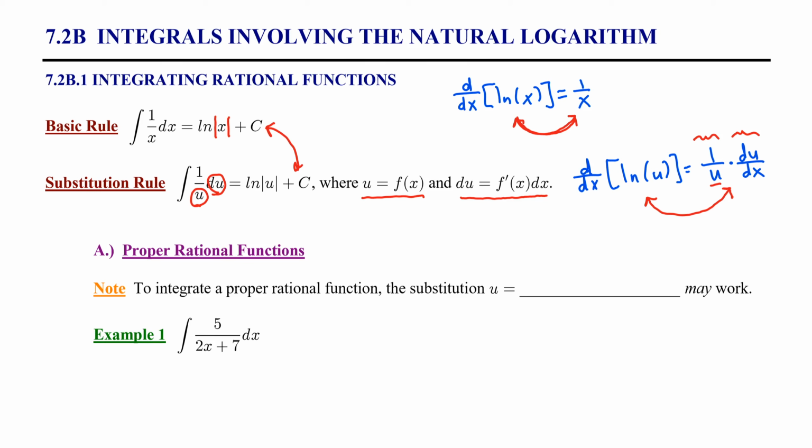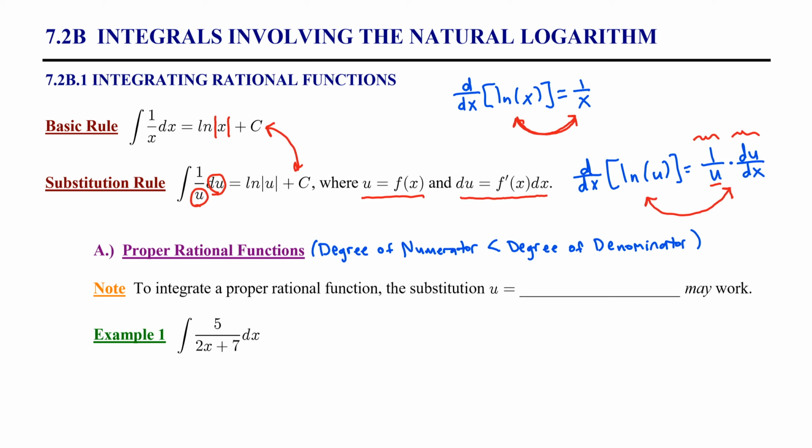So we can make a note here that the degree of the numerator is less than the degree of the denominator. It's a lot like a proper real number fraction. If the number on the top is less than the number on the bottom, we say it's a proper fraction.